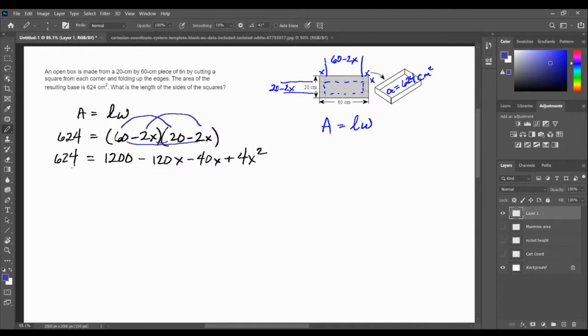So let's combine some like terms and get everything on the same side. So now I've got 0 on the left here, 1200 minus 624 looks like it's probably 576. Double check that just in case. Combine some like terms, minus 160x, and then plus 4x squared.